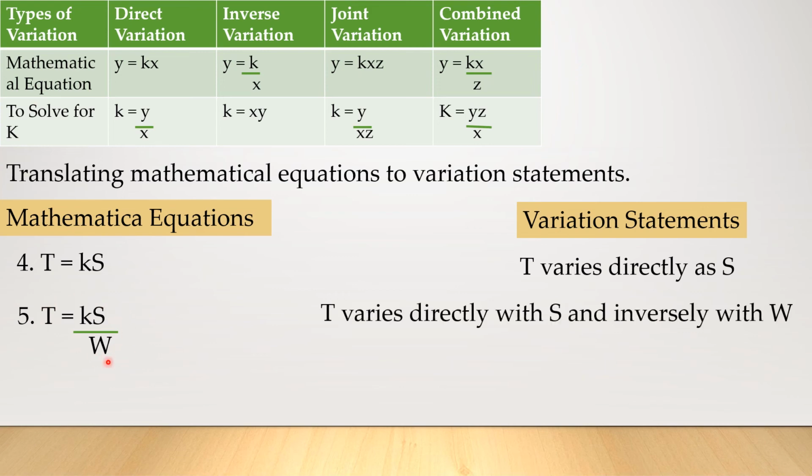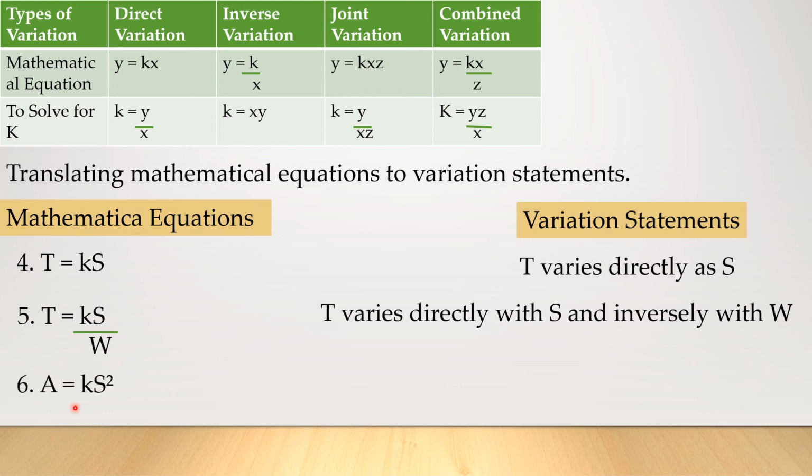So that is T varies directly with S and inversely with W. Okay? The Ks means that it varies directly with S, and inversely with W, divided by W.